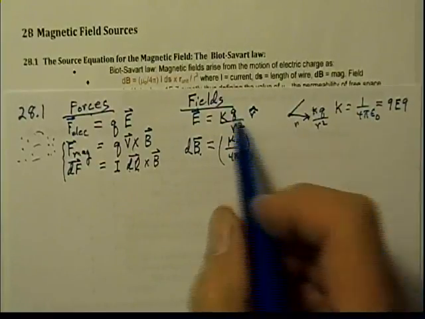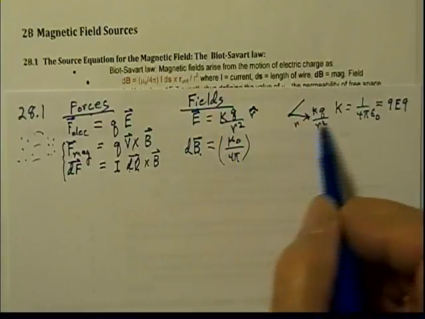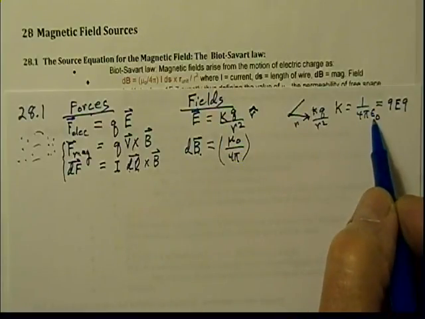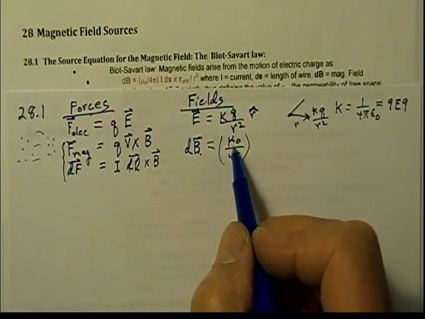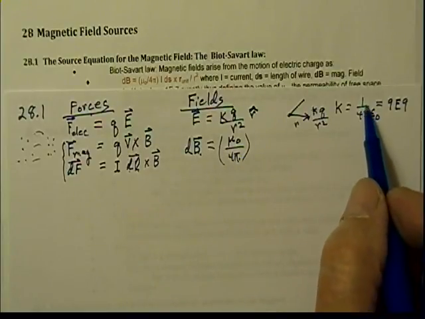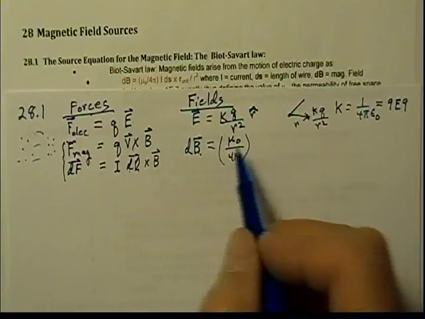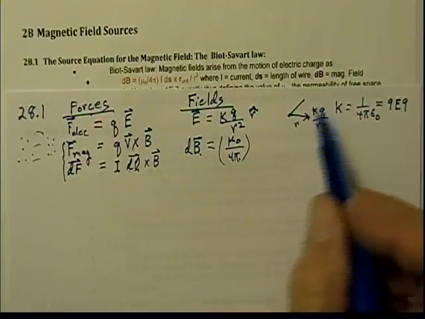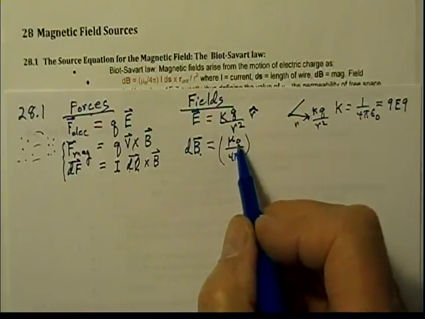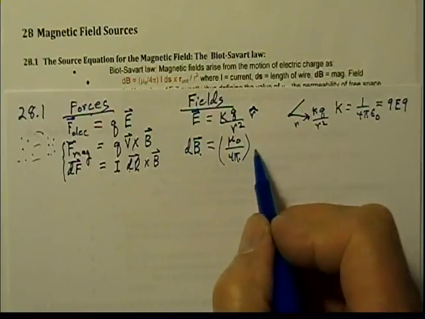You remember up here the constant K was what? K was 1 over 4 pi epsilon naught. Here we have a 1 over 4 pi, just as before. But it turns out that everywhere in electricity we have a 1 over epsilon naught. We now have a mu naught in its place. So they invert places, and this we'll discuss in just a second.